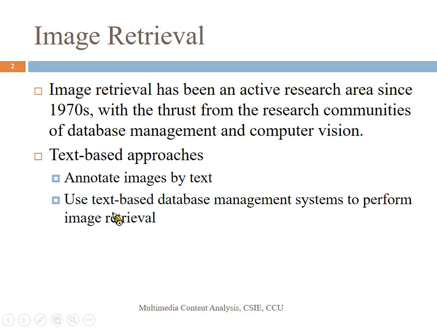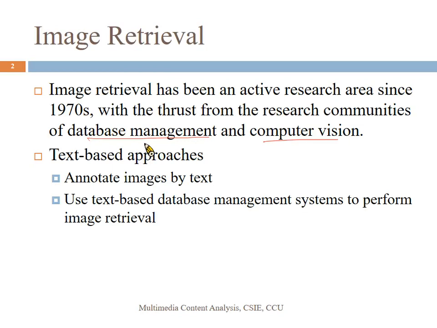Image retrieval has been an active research field since the 1970s, with the demands from the research communities of database management and computer vision. Because from that time, there had been some database management systems, and people were getting used to searching text-based data from the database.